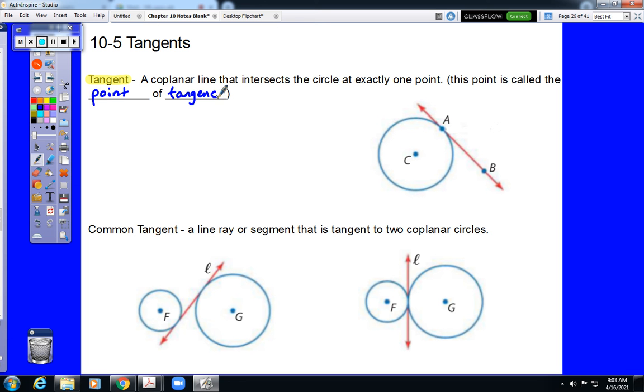So in the figure there, we have a line AB, which we would say is tangent to circle C at point A. It only intersects the circle at point A. Nowhere else, there are no other points that those two items, the line and the circle, have in common. So again, A is the point of tangency.